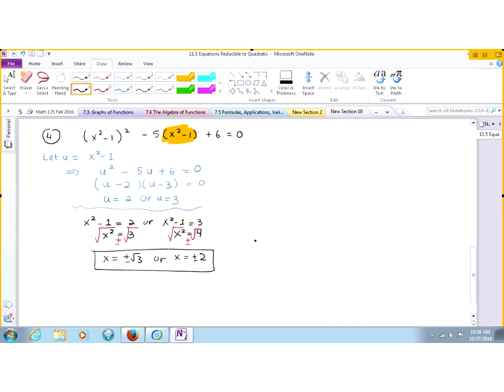Okay, here. So number 5. This is my pre-calculus class. I have (2x minus 7) squared plus 2 times (2x minus 7) minus 8 is equal to 0. You think you could do it?